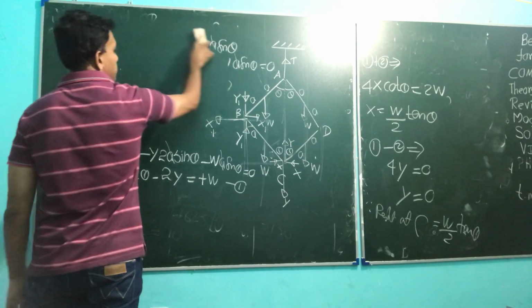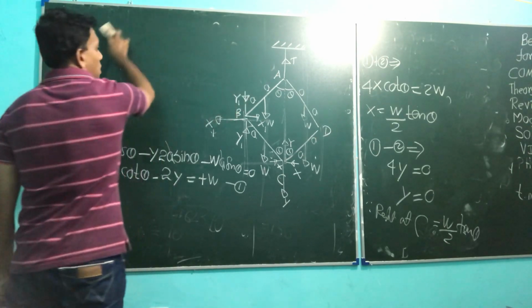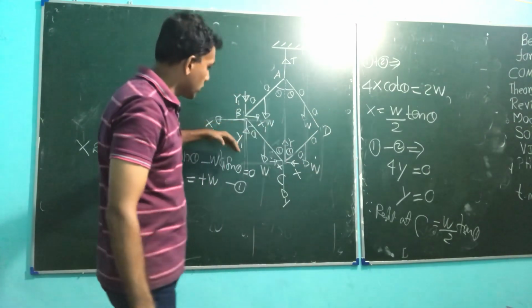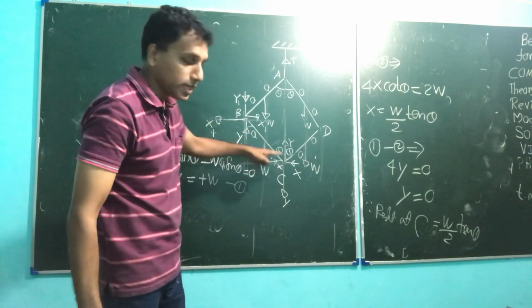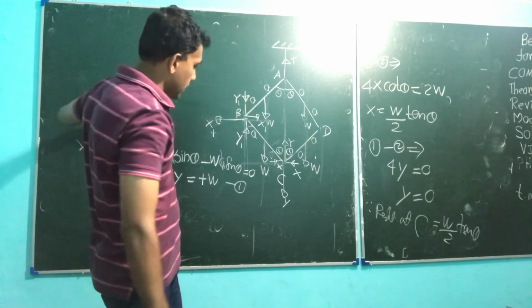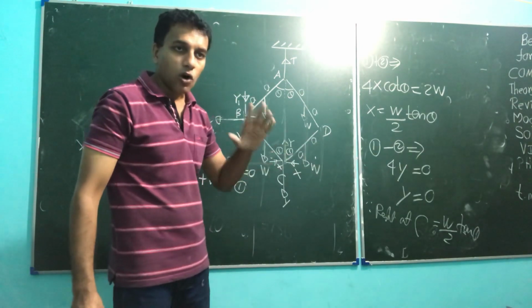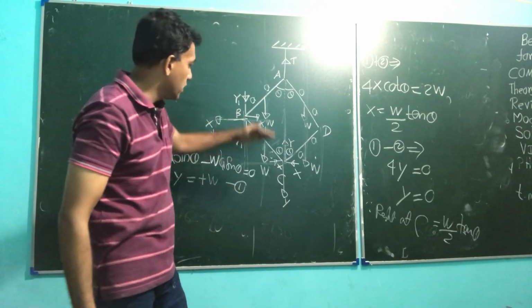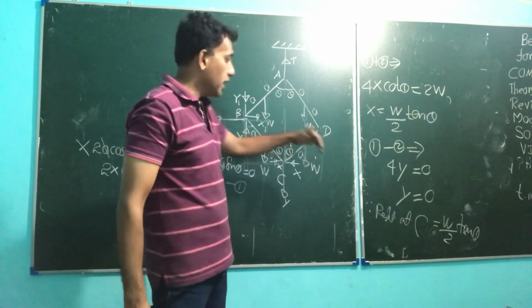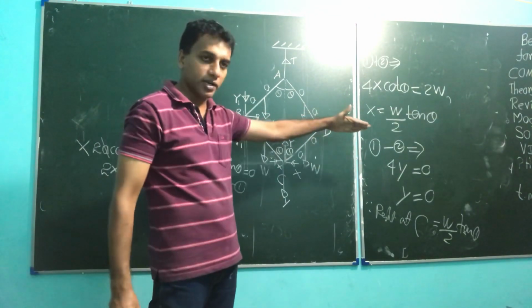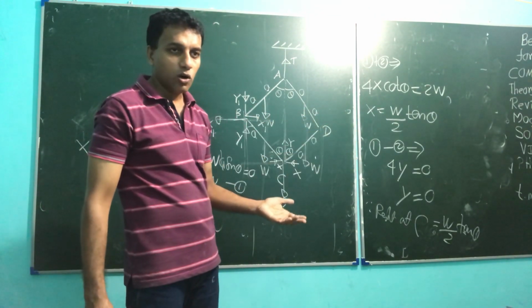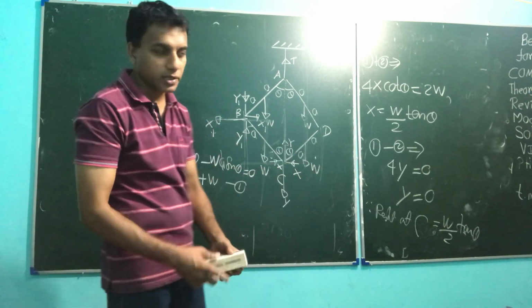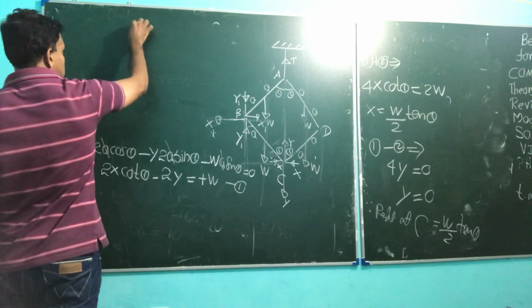How to find x1 and y1 for this system? See the rod BC: x1 this side, x that side. Only the horizontal force is x.